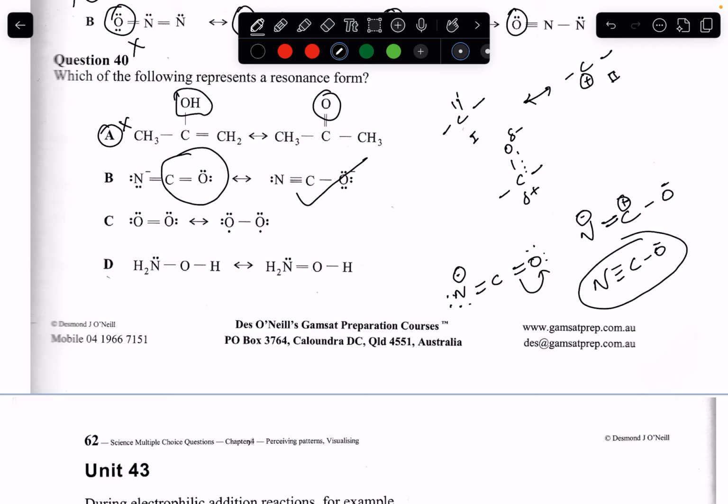While option C, in the STEM, if you are going to draw the resonance structure, there should be a difference in electronegativity. You can see in CO, oxygen is more electronegative, carbon is less, and we have the table. But here both are oxygen. In D there are no changes here.